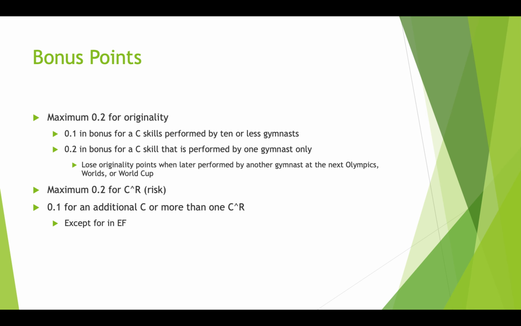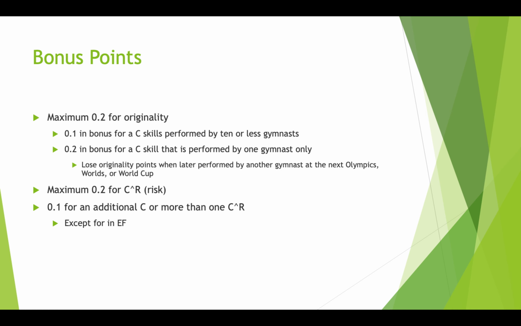So, if you performed a difficult skill, so a C skill or more, that was also original, meaning you were the only gymnast in the world to perform it, you got 2/10 in bonus. And you earned that much until somebody else also performed the skill. And then at the next major competition, you lost that 0.2.